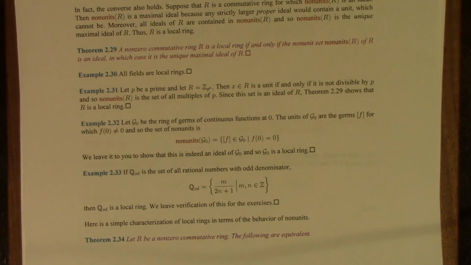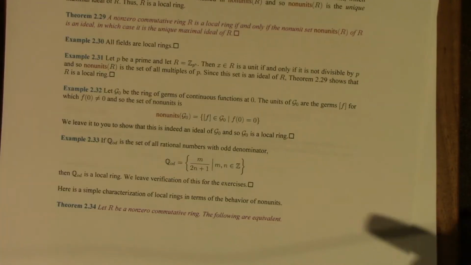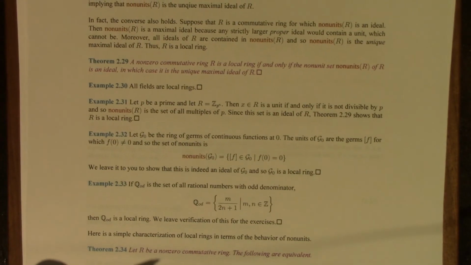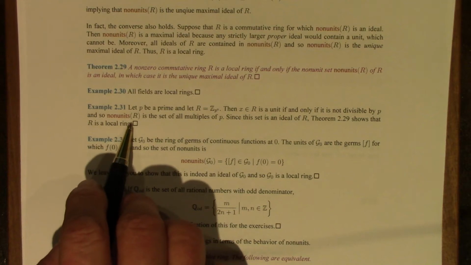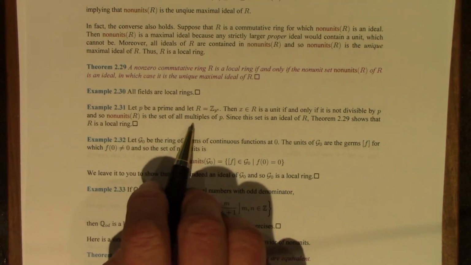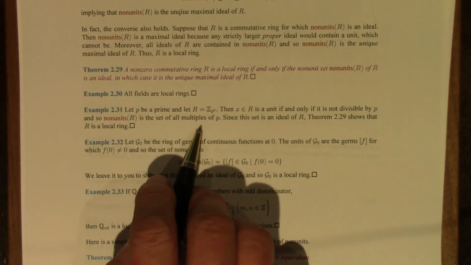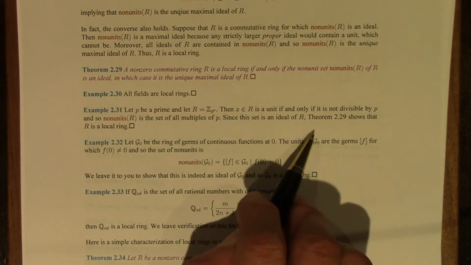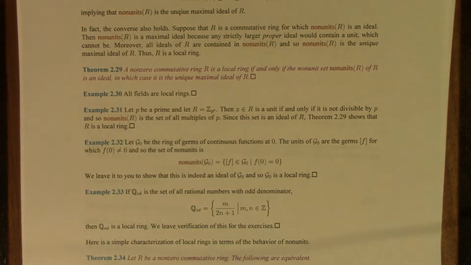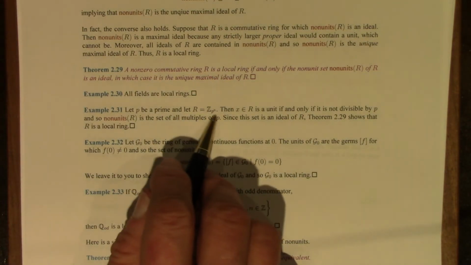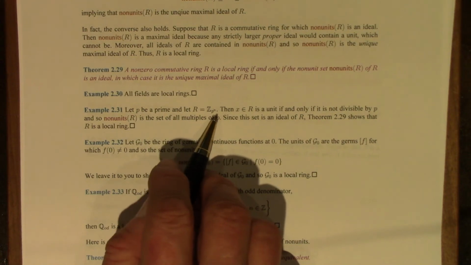So it's not divisible by p, and so the non-units of this ring are the set of all multiples of p, divisible by p. And this set is an ideal, which I'll let you show. And so the previous theorem shows that R is a local ring. So Z sub p to the n is a local ring.